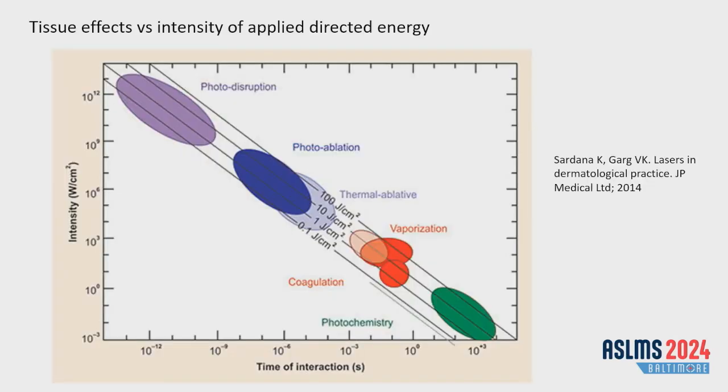If we look at how the effect on tissue changes when intensity and time of interaction vary, we arrive at this very nice graph, which shows that when intensity increases, we go all the way from mild photochemistry through coagulation, vaporization, thermal ablative effects, photoablation, and finally photodisruption, when the intensity of light increases and the time of interaction decreases.